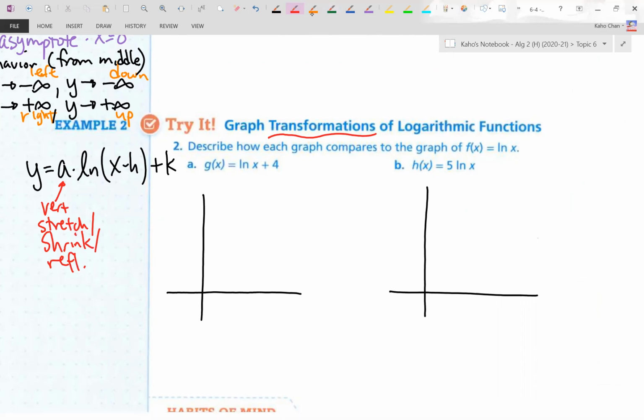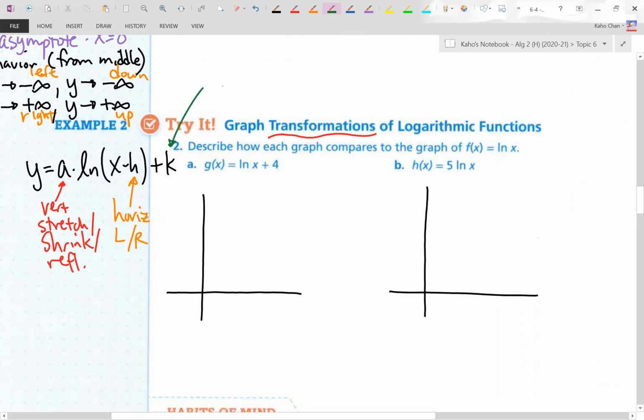H, of course, is horizontal movement, left to right. K, of course, is up and down. Vertical shifting, up or down, okay?